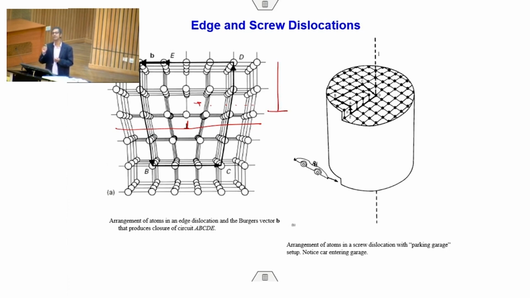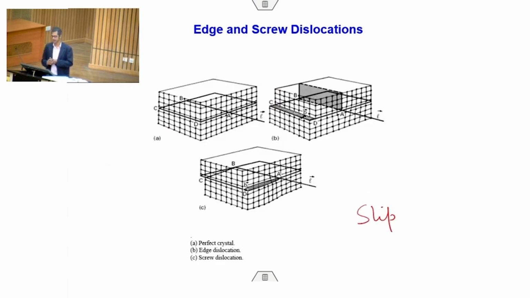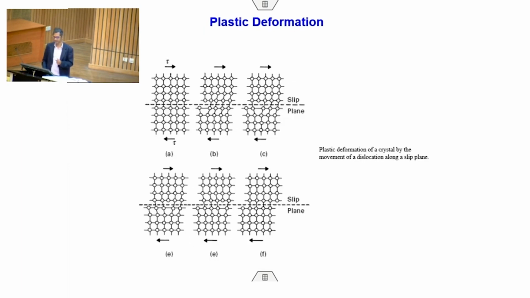Because it looks like a screw from the top of the dislocation. That's why it is known as a screw. So whatever you do, when dislocation motion reaches the surface, it creates a step, and that step is known as a slip. And by creating many such steps, you can deform a material. You can move a material from one position to another, because it's moving by atomic columns, but still it is a movement of the material, right?